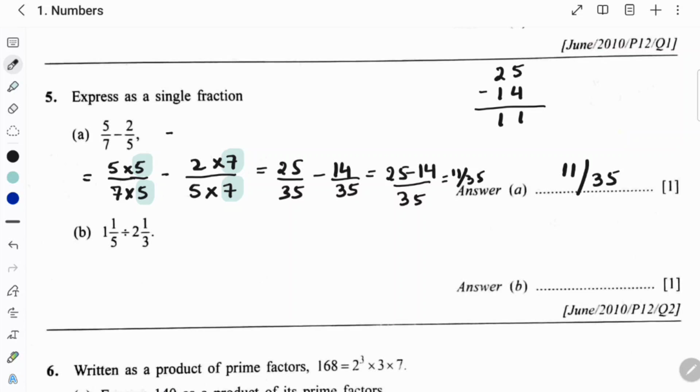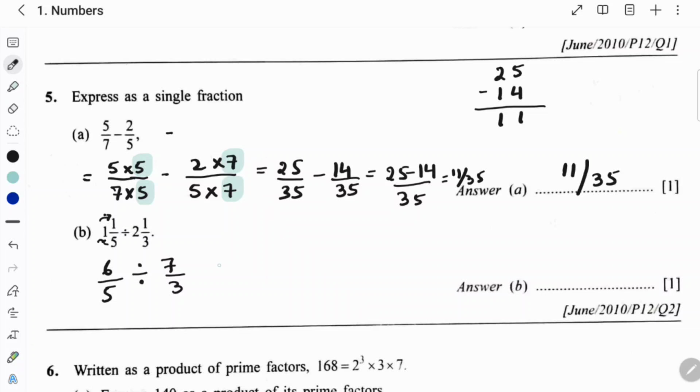Now the second part of the same question is a division question. It's a mixed number, so we are going to multiply this: 5 times 1 is 5, and then we add it together, 5 ones are 5 plus 1 is 6 upon 5. Division, and then 3 twos is 6 plus 1, 7 over 3.